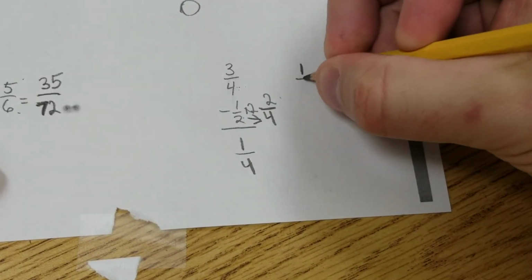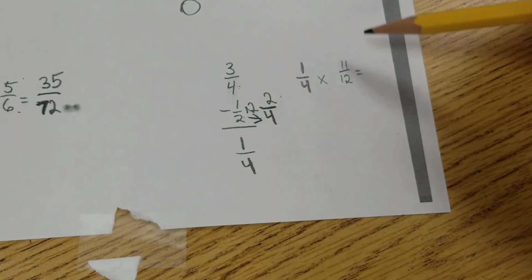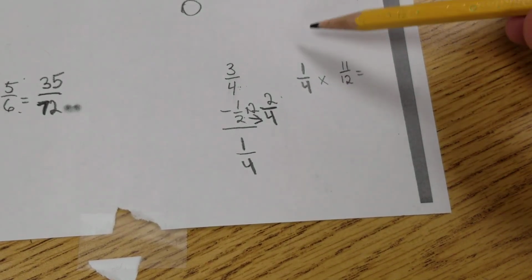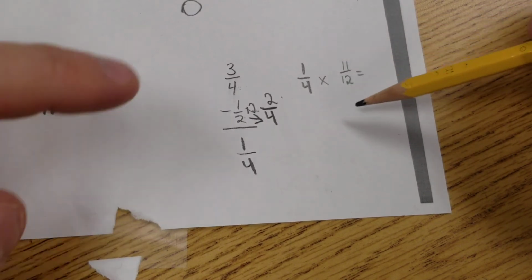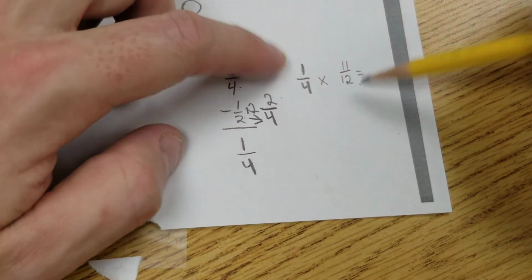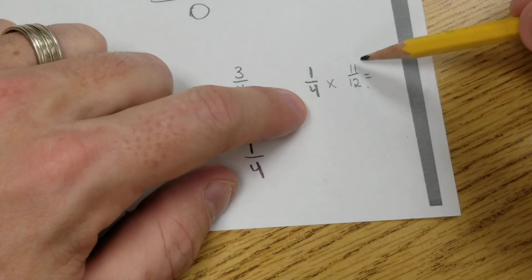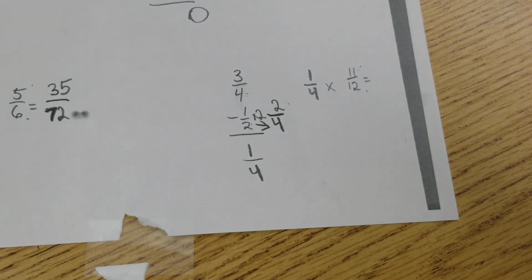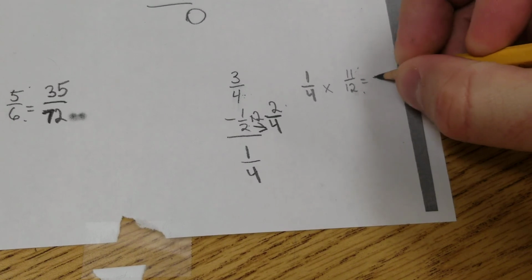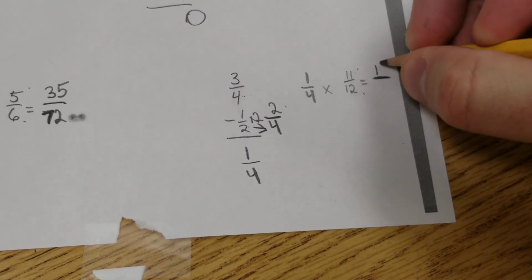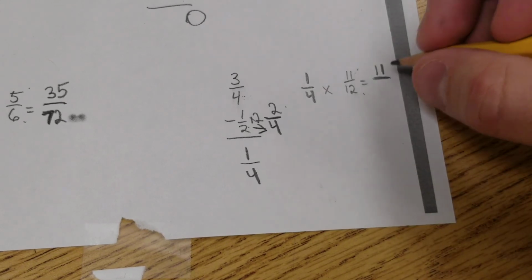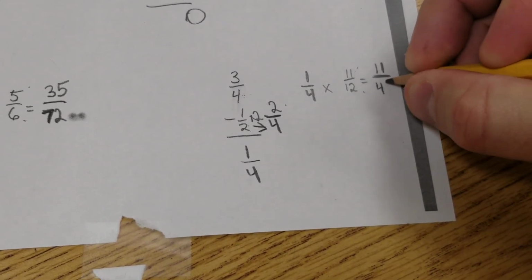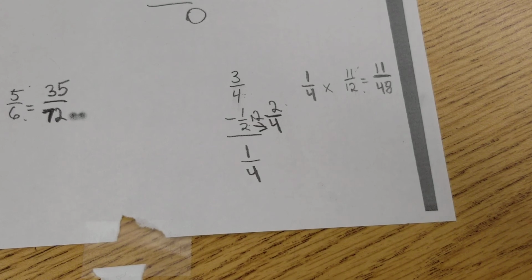So our answer is 1/4, which I'm going to bring up here and take it times the 11/12. 1/4 is simplified. 11/12 is simplified. 1 and 12, catty corner, simplified. 4 and 11, simplified. So nothing to do, we just multiply. 1 times 11 is 11. And then 4 times 12 is 48. And that is our simplified answer, 11/48.